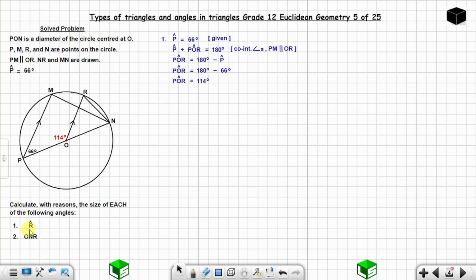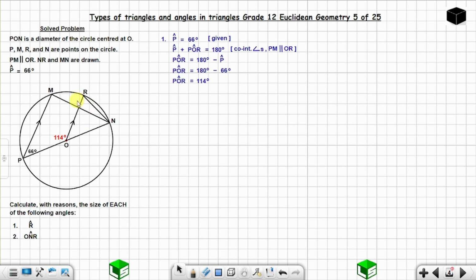Now the question is to find the angle R, and in question 2 you have to find ONR. Can you see you have a triangle? This is an exterior angle of this triangle, so this exterior angle is equal to the two interior opposite angles. Remember from the previous slide.